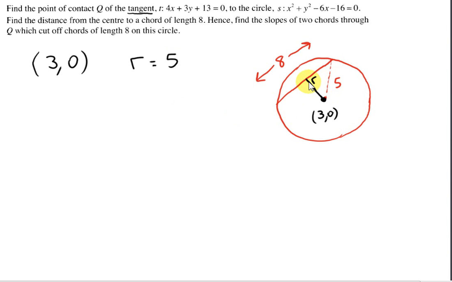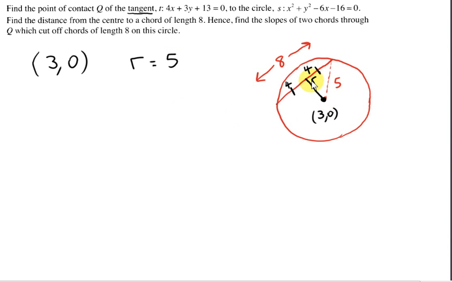Now this is where we use a theorem that was proven in an earlier video. A line drawn from the center of a circle perpendicular to any chord of the circle bisects the chord, so it cuts it in half, so this distance here must be 4, and of course this distance here is also 4.